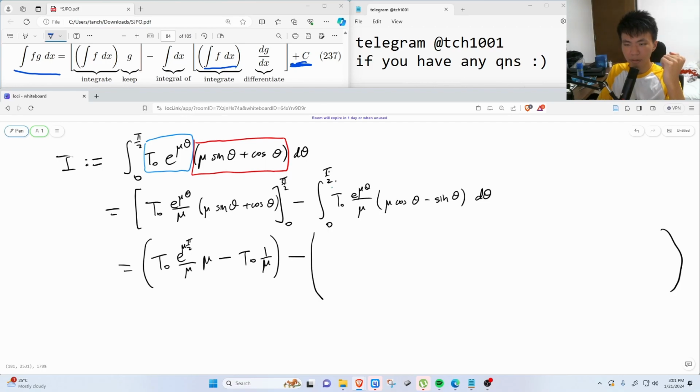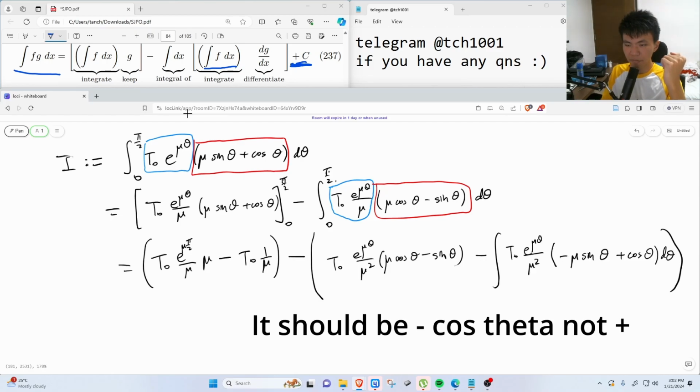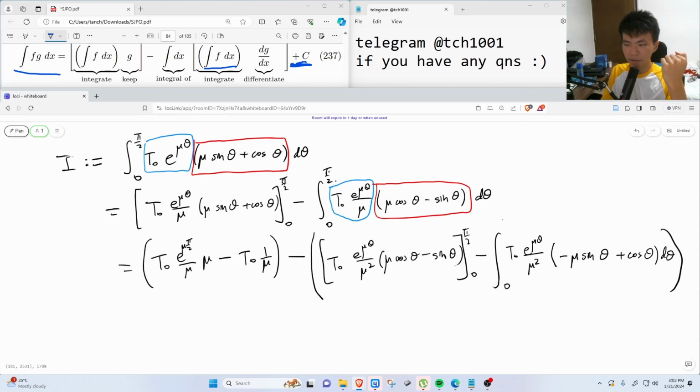This one is going to be integrated, and this one is going to be differentiated. So there's going to be integrate-keep minus the integral of integrate-differentiate. And once again, it's a definite integral, so the first term must be evaluated at the endpoints, and the second term is a definite integral.